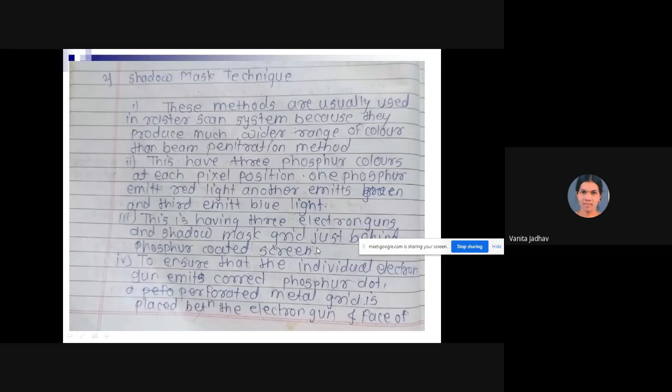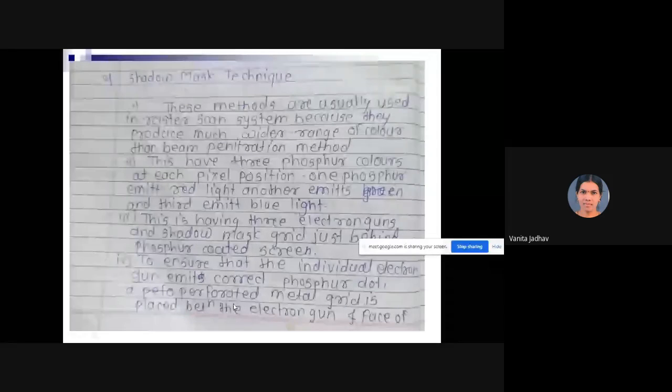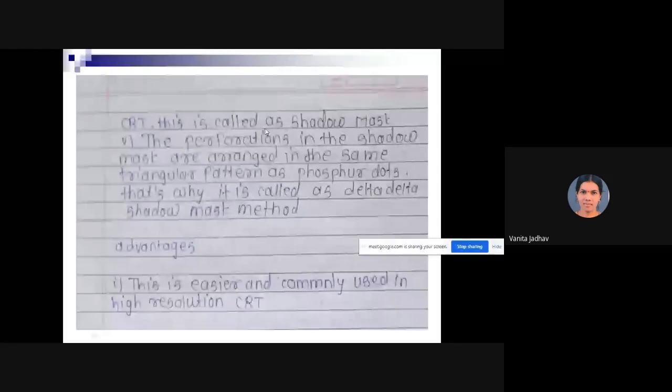To ensure that each electron gun hits the correct phosphor dot, a perforated metal grid is placed between the electron gun and the face of the CRT. This is called a shadow mask. The perforations in the shadow mask are arranged in the same triangular pattern as the phosphor dots.